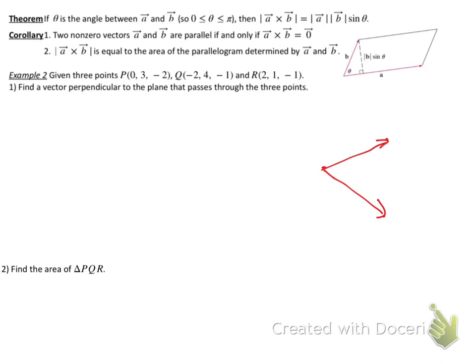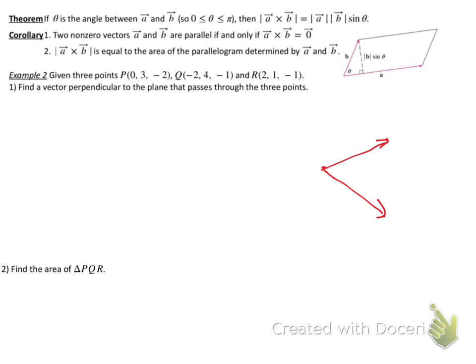I'm not saying they are in the XY plane, but it will be a plane because 3 points determine a unique plane unless they're on the same line. So when you have these 3 points, you can find the plane, and then you can find the direction that is perpendicular to it.